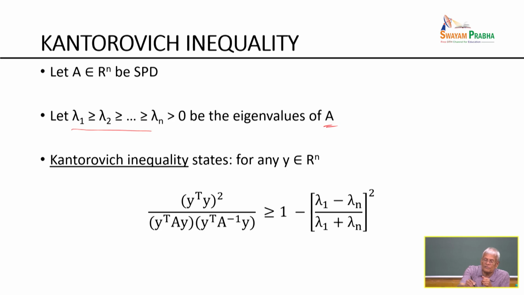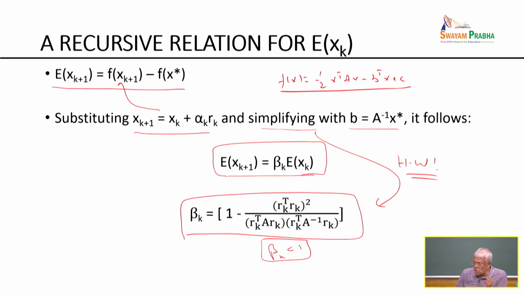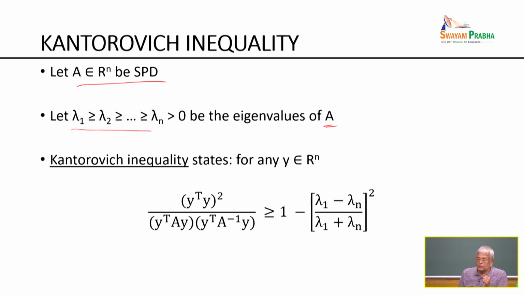So, my given f of x is SPD, let lambda 1, lambda n be the eigenvalues. Kantorovich is another Russian mathematician who in the early 1940s was the first one to analyze the convergence of the gradient algorithm. So, in his honor, he was the first one to show that beta k is strictly less than 1. In his honor, this result is called Kantorovich inequality.